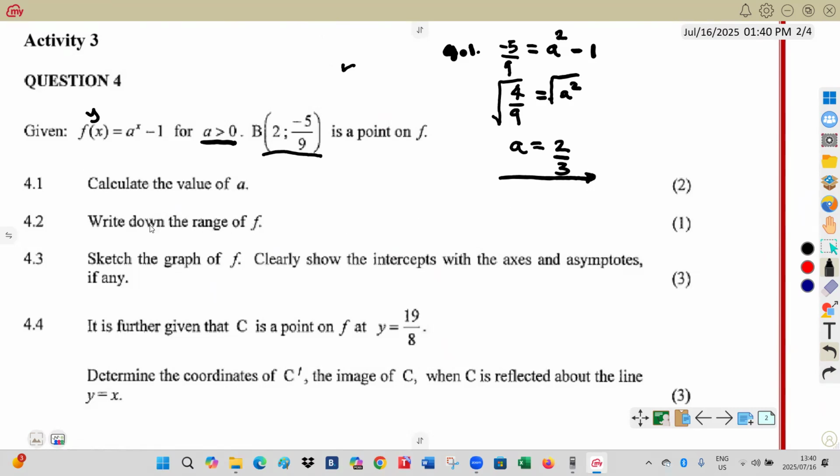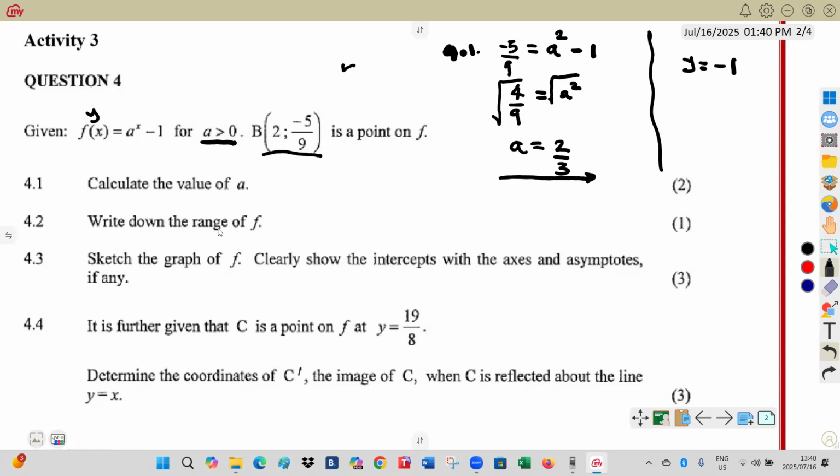Then we are saying write down the range of f. For you to write down the range of f, number one, you need to know the equation of the asymptote. So what was the equation of the asymptote? You just have to know that you treat this part with exponent as 0. So the equation of the asymptote is y is equal to negative 1.